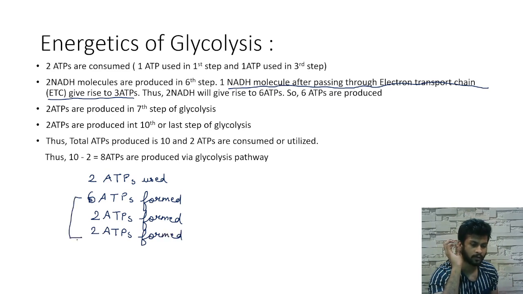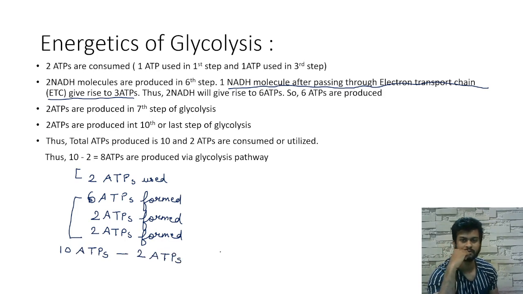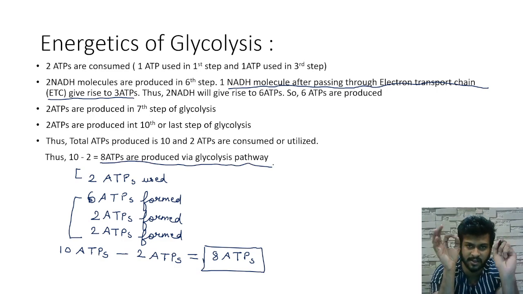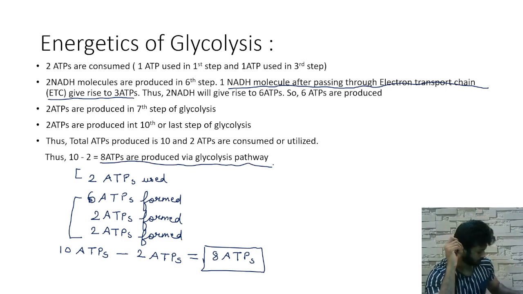So a total of 10 ATPs were formed. 2 ATPs were used up in the energy investment stage, that is steps number 1 and 3. The resultant is 8 ATPs, so 8 ATPs are formed via the glycolysis path. Very easy. I think this was the last slide and we are done with glycolysis.